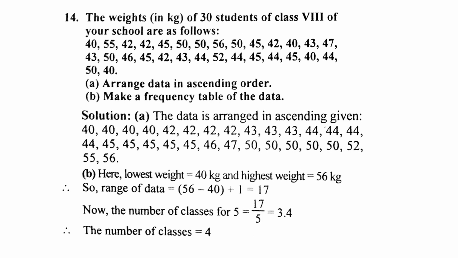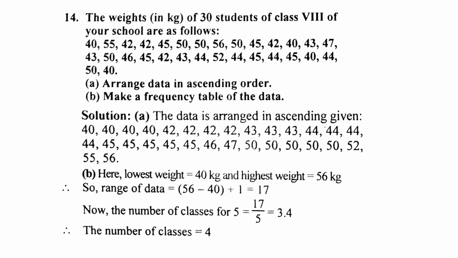Now question number 14. The weights of 30 students of class 8 of your school are as follows. Arrange the data in ascending order and make a frequency distribution table of the data. First of all, solution A. The data is arranged in ascending order as given. Minimum value 40, maximum 56.